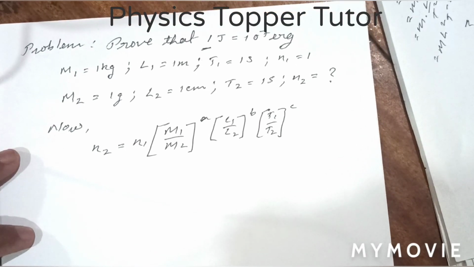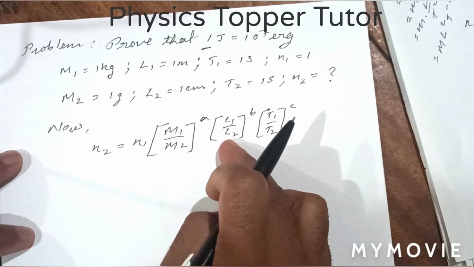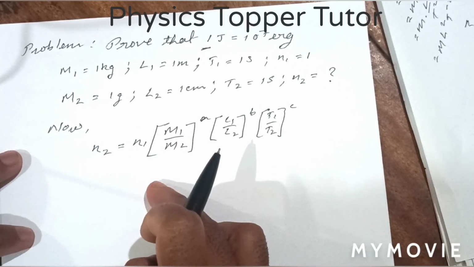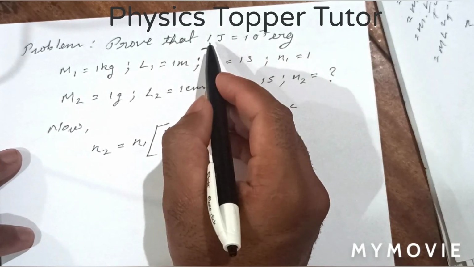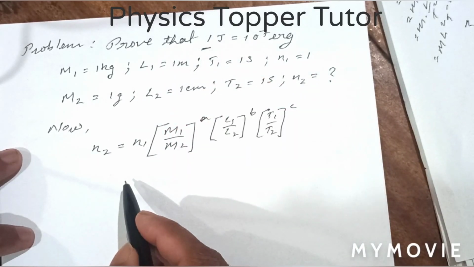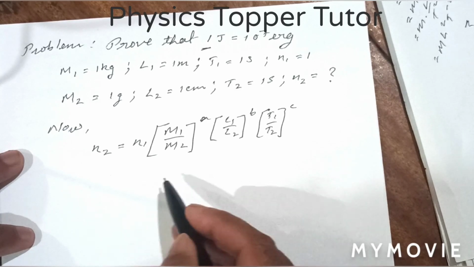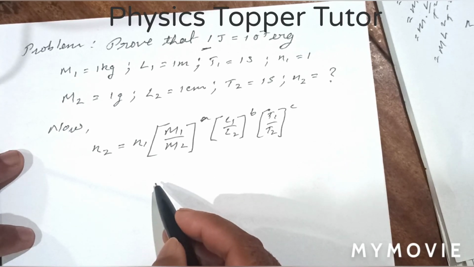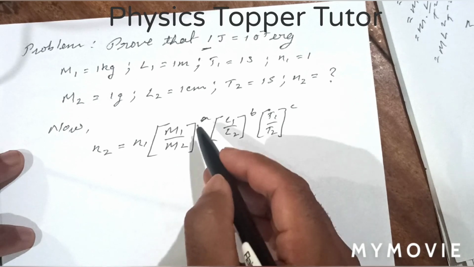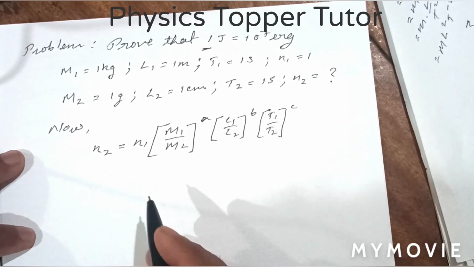Okay, so now in the next, let's find out the dimension of work, because this is work unit. Okay, so we shall find out the dimensional formula of work, then compare the power of the dimensions, this A, B, C.